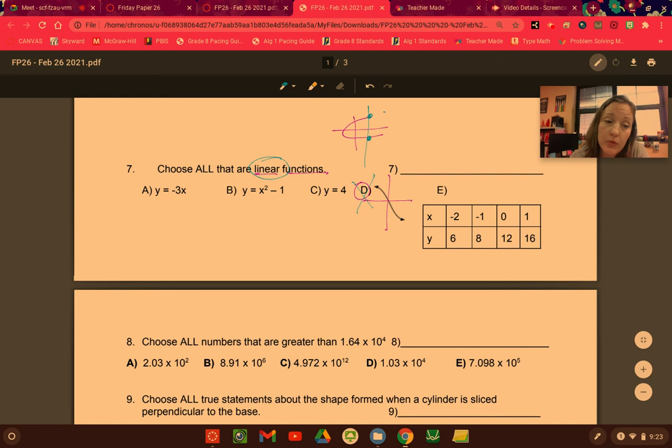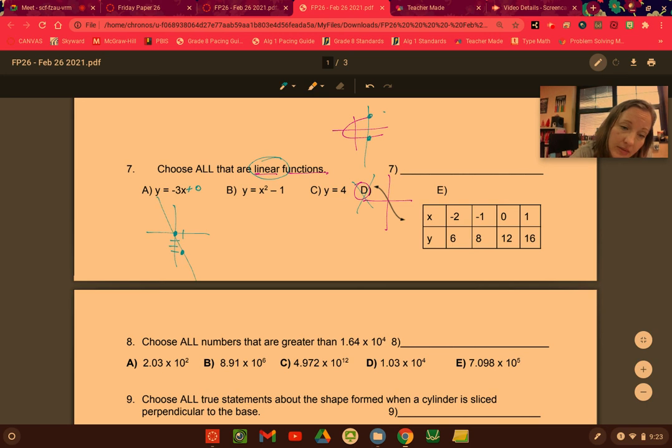Do you think it will or won't pass through the origin? What's the y-intercept of A? It's 0. So is that the y-intercept, 0? So it would go through the origin, and then it has a slope of negative 3. So down 3 over 1.